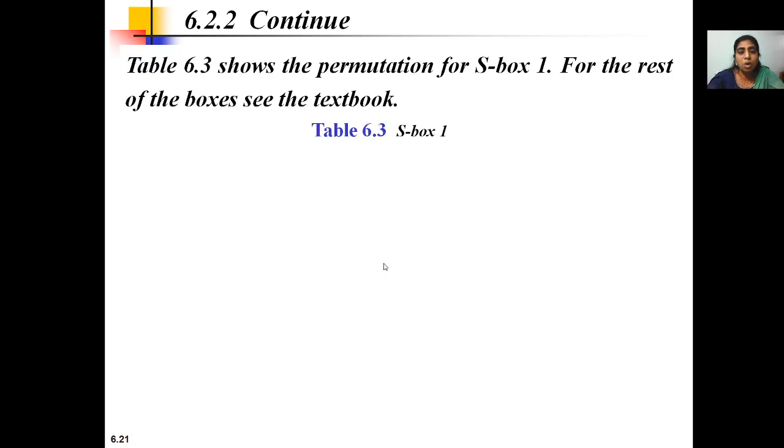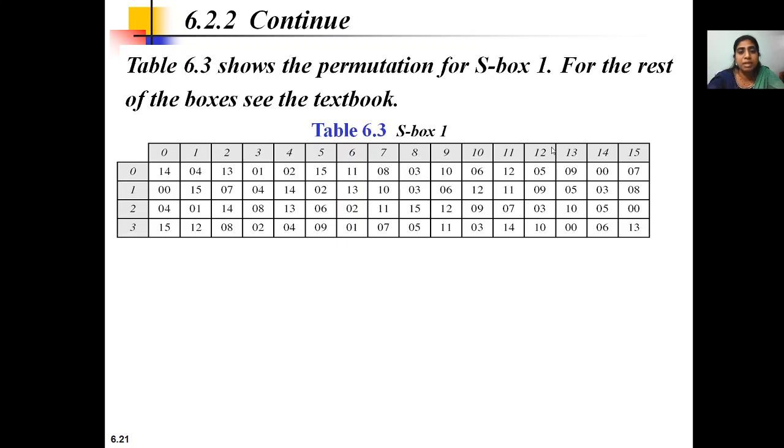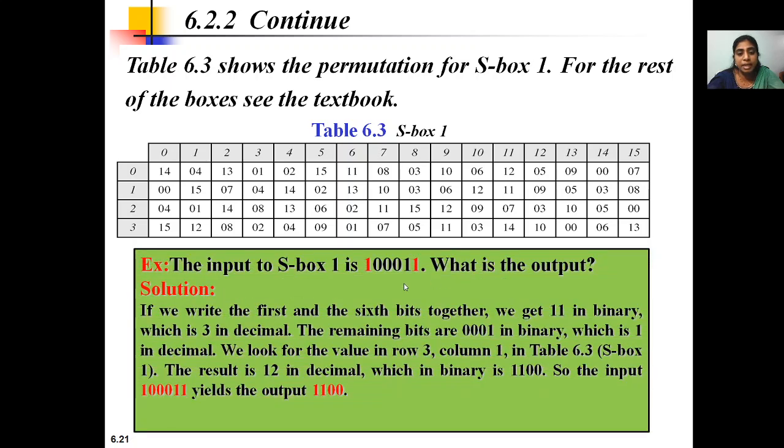The S box example. This is the first S box. Let us take an example and see. The input for the S box is given as 1 0 0 0 1 1. Now 1 1 becomes the row value and 0 0 0 1 becomes the column value. 1 1 represents the value 3 and 0 0 0 1 represents the value 1.